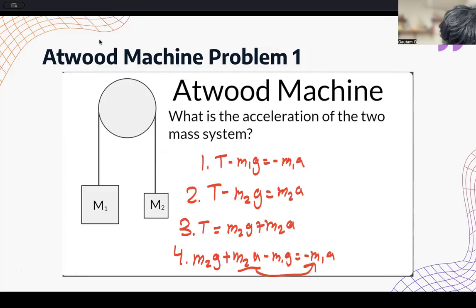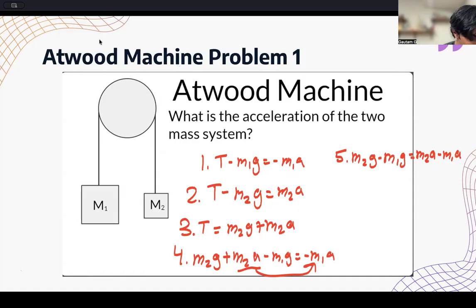So if we have step five, we're just gonna have m2g plus, or sorry, minus m1g equals m2a minus m1a, correct?